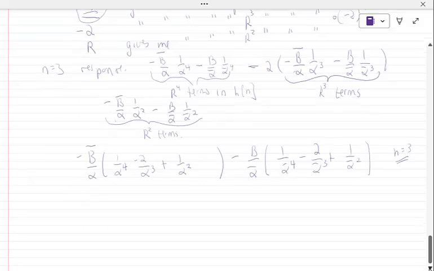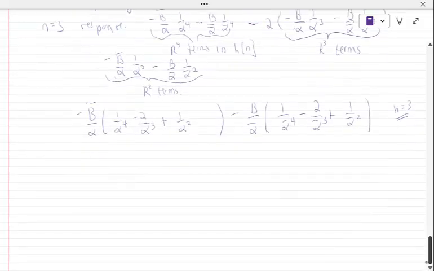All right. Now, in fact, you can see the pattern here. If I was going to do n greater than 3, you can see that what's going on here is that this beta bar over alpha, this is going to be 1 over alpha to the n plus 1 minus 2 over alpha to the n, and then plus 1 over alpha to the n minus 1.